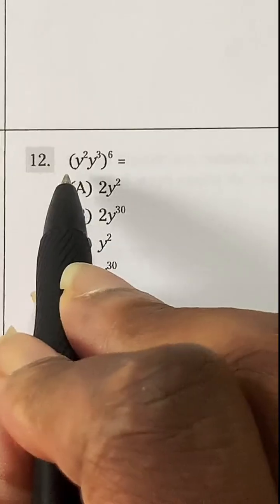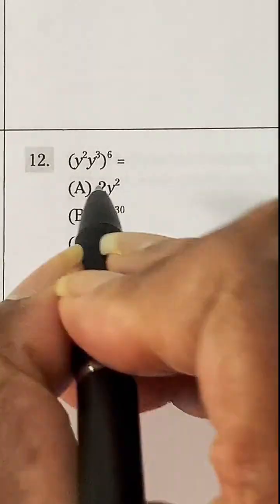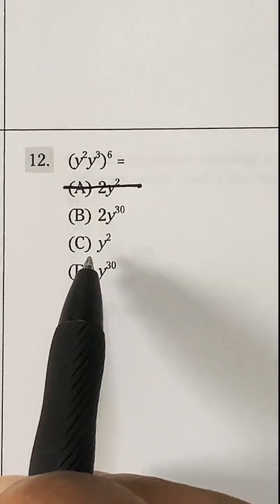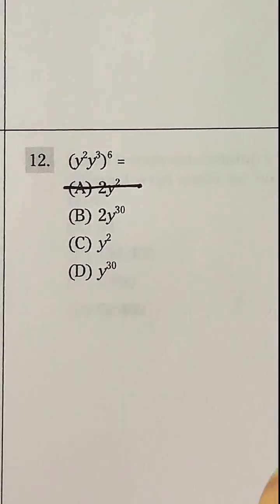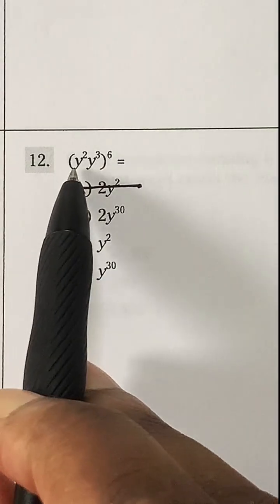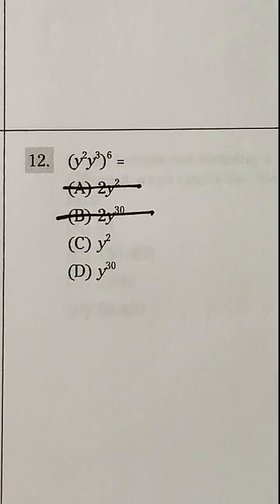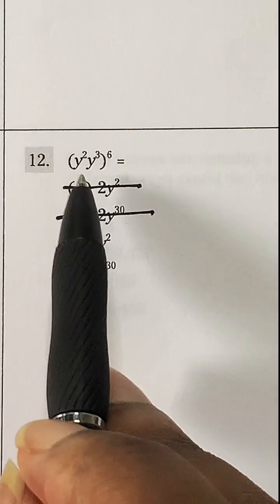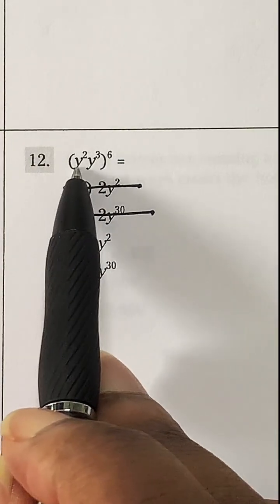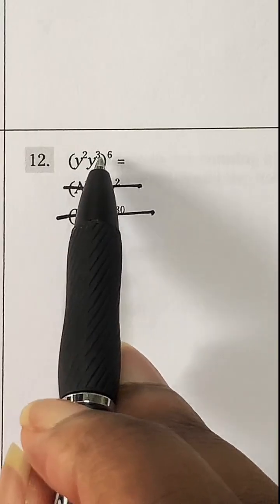Well, at least we all know it's not A and it's not C. We don't have a leading coefficient anywhere up here, so A is immediately eliminated. And actually our B's should be eliminated as well. We don't have any 2's. So B's, done. When you have an exponent, take a look inside the parenthesis, same base, add your exponents.